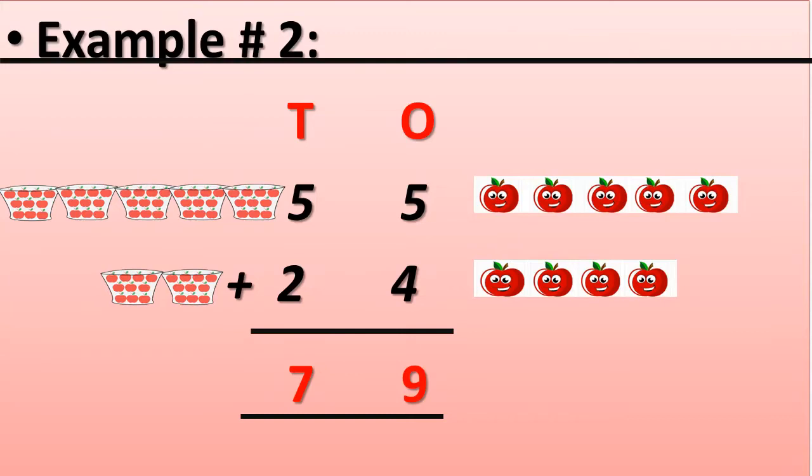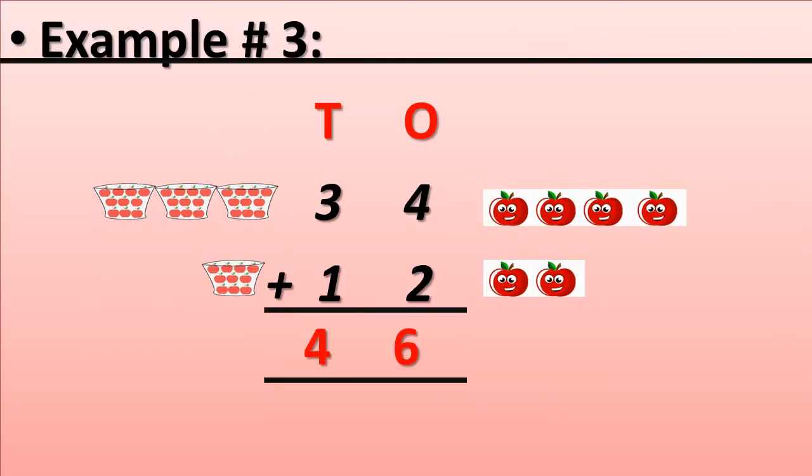Oh wow, here we have another example in which we will add 12 into 34. Here also we have ones and tens column, and first we will solve ones column in which we will add 2 into 4. Let's add them.